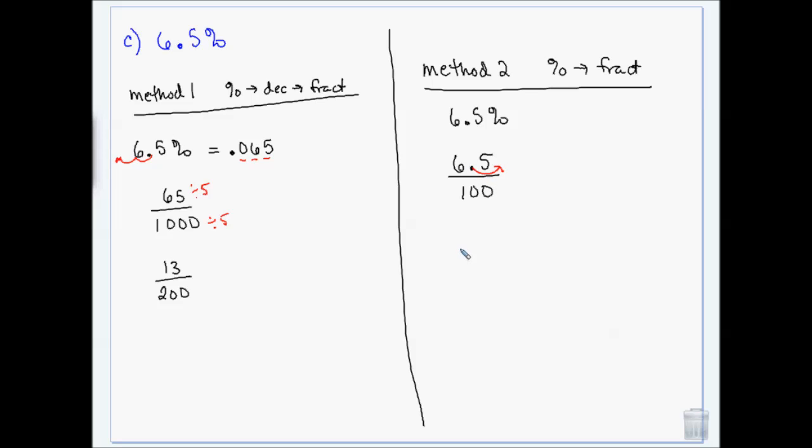But if I do that to the top, I also have to do it to the bottom. Anything I do to the top of the fraction, I have to do to the bottom of the fraction, or it's no longer equal. So I get 65 over 1,000. I get the same thing this way. With the decimals in there, it's almost the same method 1 and method 2, so it's not as bad as with the fractions. And then again, they reduce by 5s to give me 13 over 200.